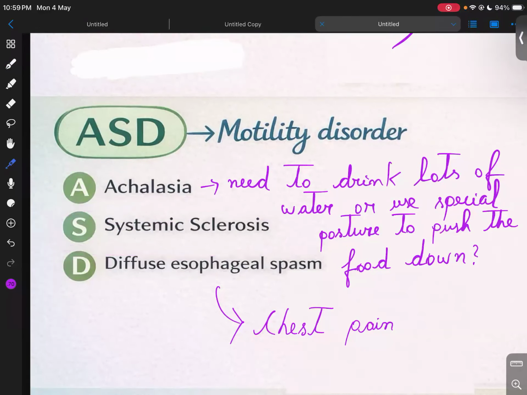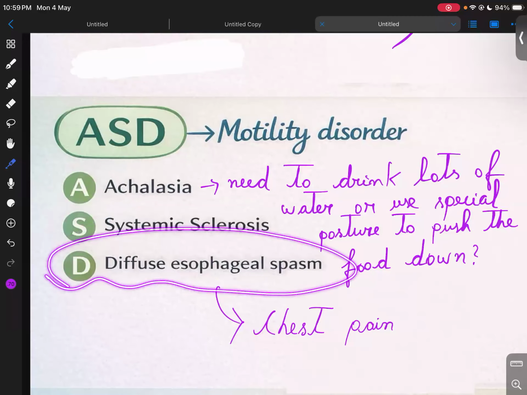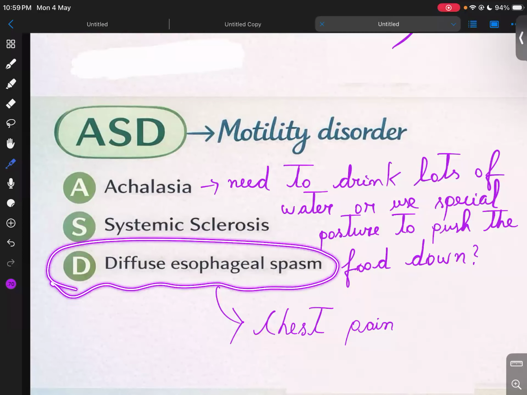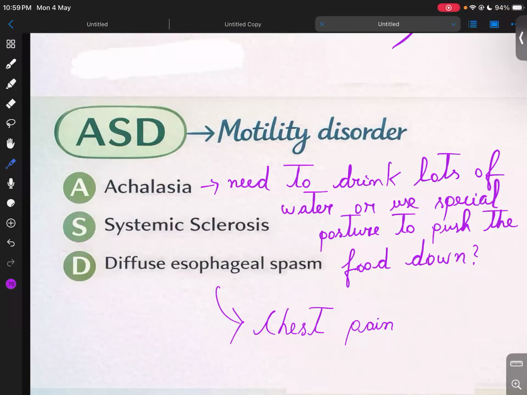In the differential diagnosis, we can mention all three of them: it can be due to achalasia, systemic sclerosis, or diffuse esophageal spasm. But at the same time, we have to mention the points that go against each of them. Like against diffuse esophageal spasm, the patient is not complaining of any chest pain.